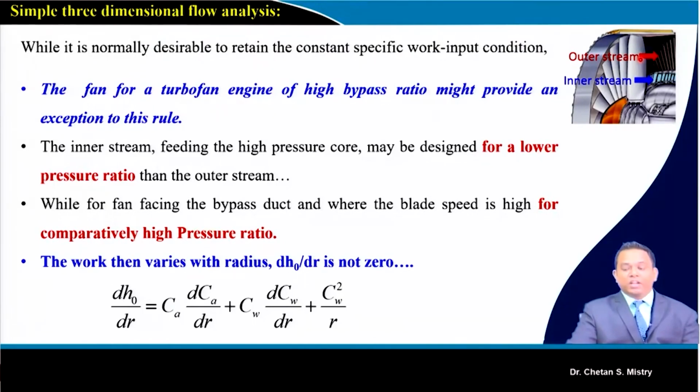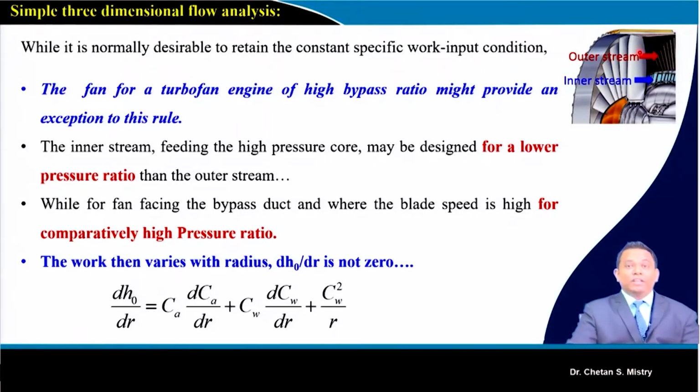So under that condition, this lower part is designed for low loading. At the same time, my upper part we can load on the higher side, because we take the benefit of having a higher diameter. That means we are able to increase our peripheral speed, and that gives a benefit in doing the design.